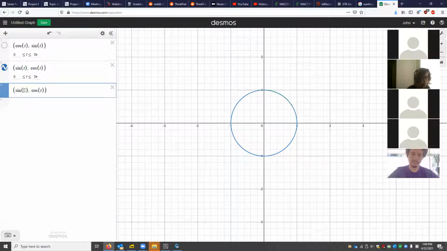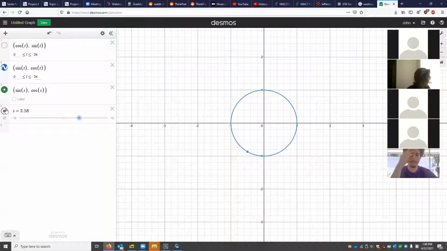but it traces it in the opposite direction. So if you switch sine t and cos t, a few things happen. Your starting and terminal points change.